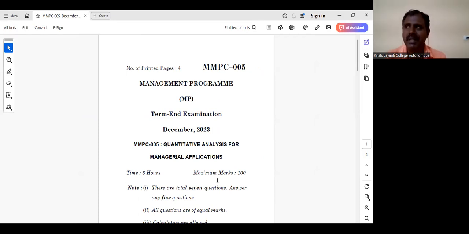Sometimes they will have a pattern like section A as well as section B, like in today's marketing class we discussed. Each question will have 20 marks. For 4 questions, you have to write 4 into 20, so 80 marks in section A, and in section B, one compulsory question of 20 marks. So you write 100 marks. Sometimes, especially in this subject, they give a pattern like 4 questions carrying 15 marks, 60 marks, and another question for 40 marks.